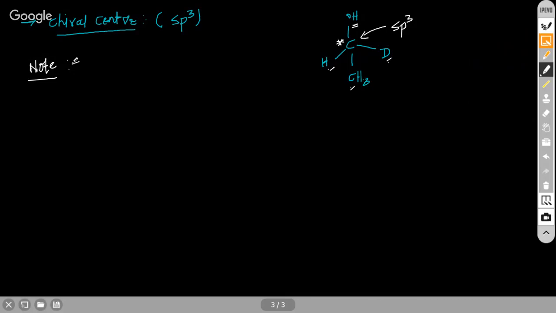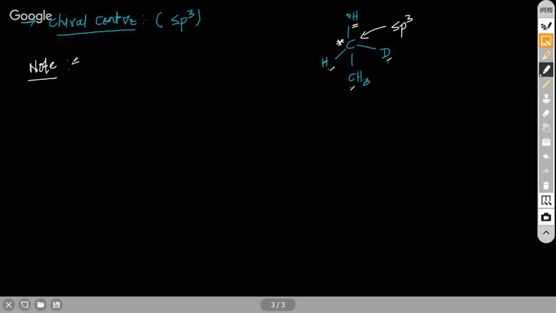Presence or absence of chiral center is not any criteria for a molecule to be optically active.